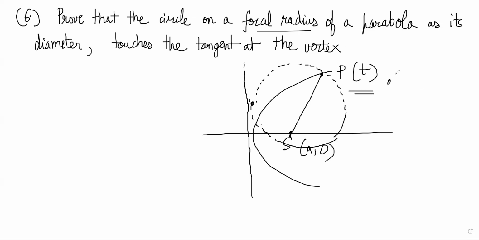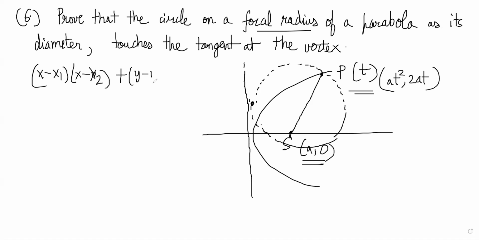So this point is (at², 2at), and this point is (a, 0). So you know the diametric form of a circle equation: (x − x1)(x − x2) + (y − y1)(y − y2) = 0.